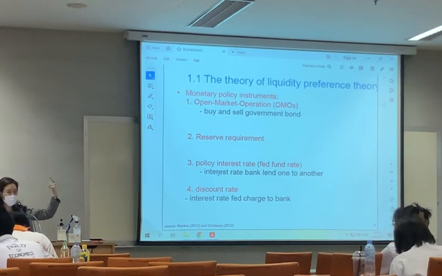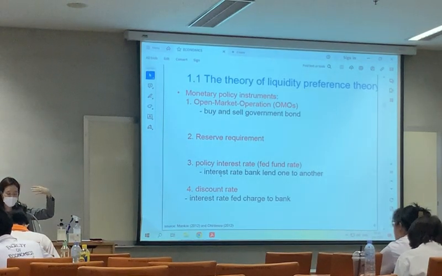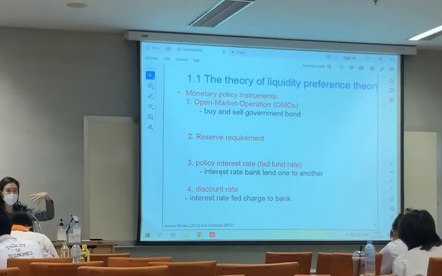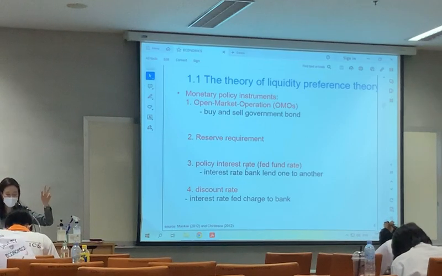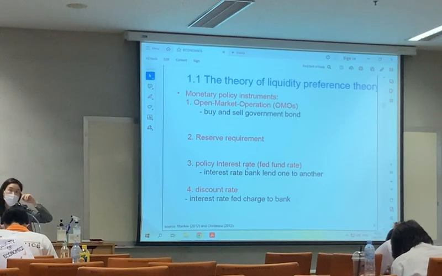It makes the money market rate increase as well, so the cost of borrowing will be higher and the money supply will be lower. But if the policy rate reduces, money supply will increase.